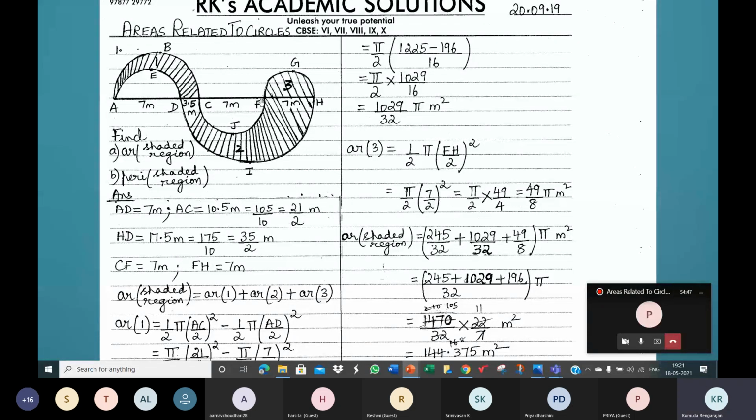Here the radius is 7 by 2. And for this one, the diameter is 35 by 2, so the radius will be 35 by 4, because half of that, right?